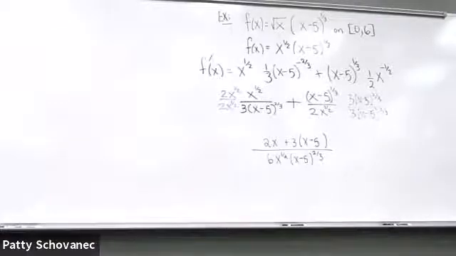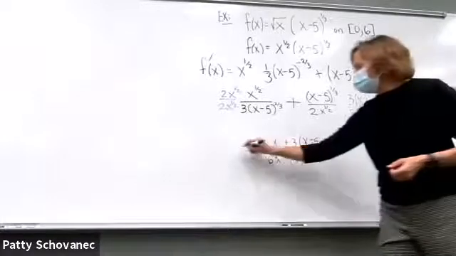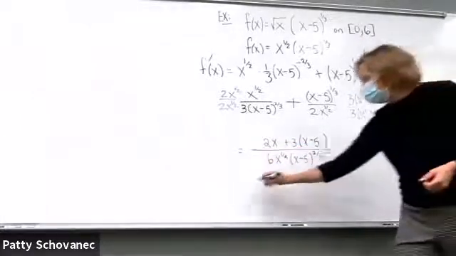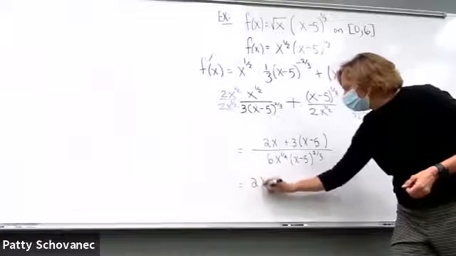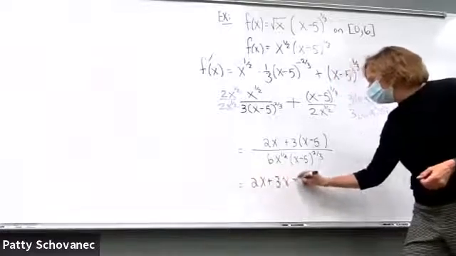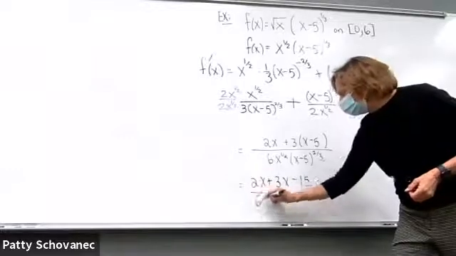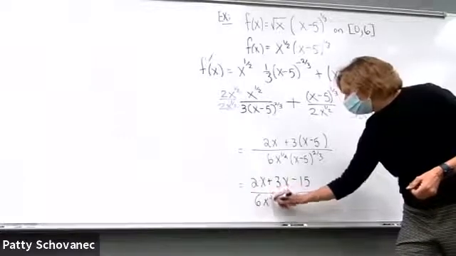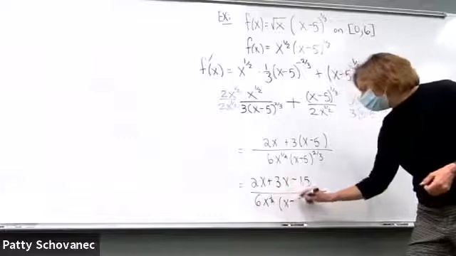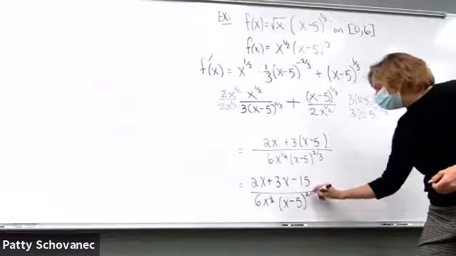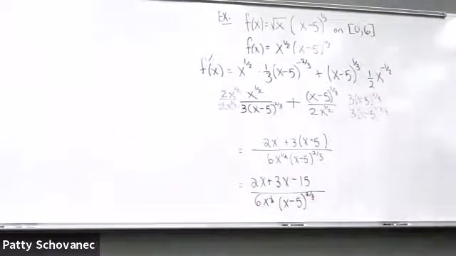So I have 2x plus 3x minus 15 all over that denominator. So I have a 5x minus 15 there.